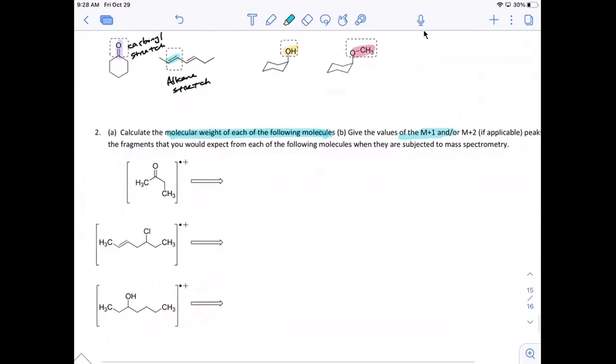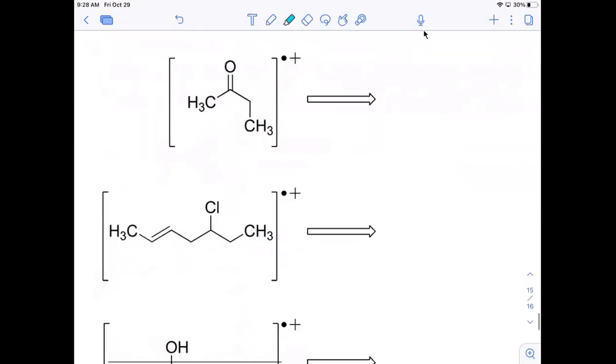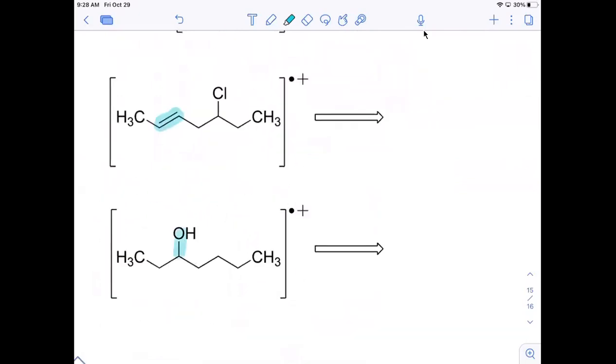So here, you've got different functional groups. Like here you have an alkene, right? So if you have an alkene, you can expect allylic cleavage. You've got a ketone here, so you can expect alpha cleavage. And then you have a hydroxyl group here, an alcohol, so that's going to be alpha cleavage.